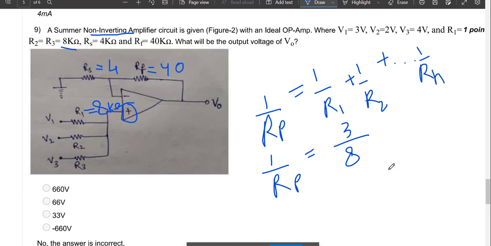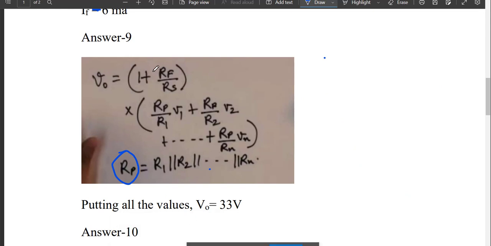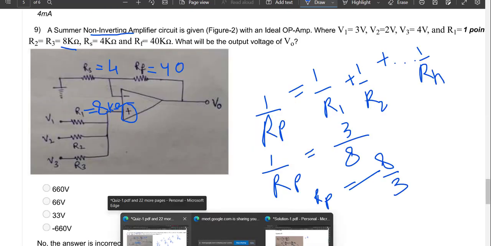Is there any doubt till here? We have got RP equals 8 upon 3. Do you have any doubt? Okay, cool. Now we'll put 1 plus RF upon RS. What was the value of RF? 40, and RS is 4.